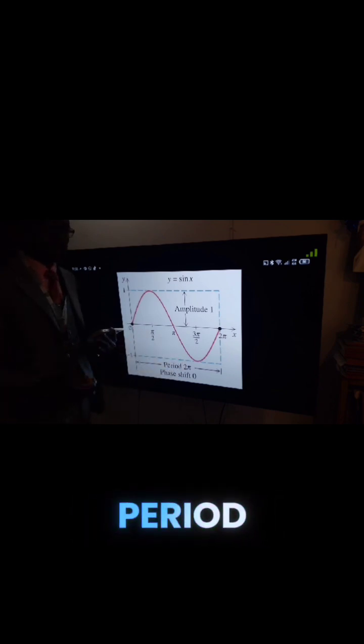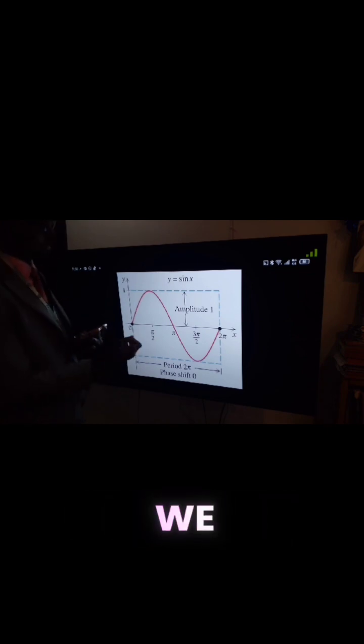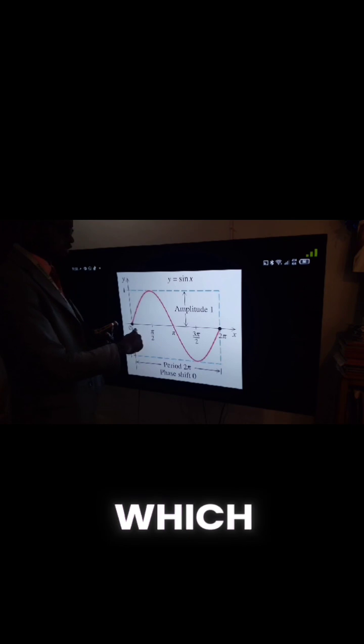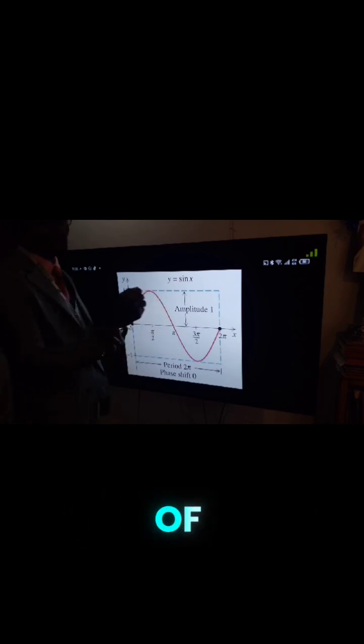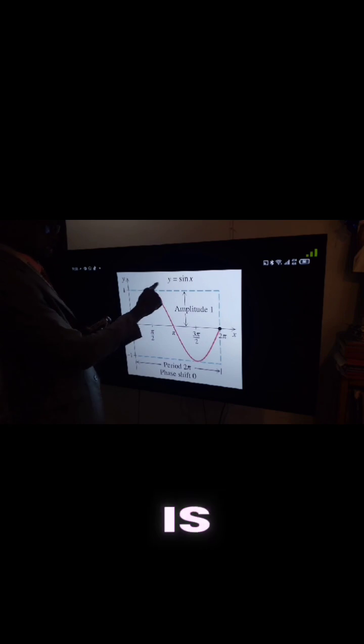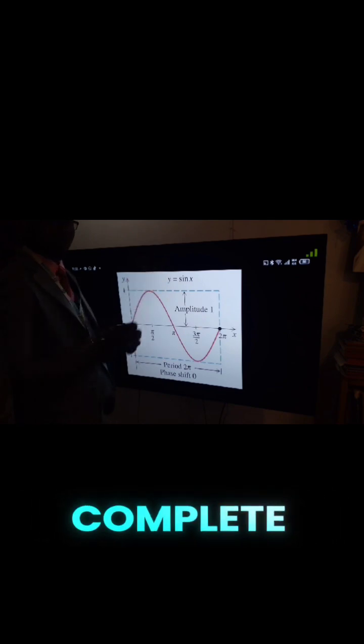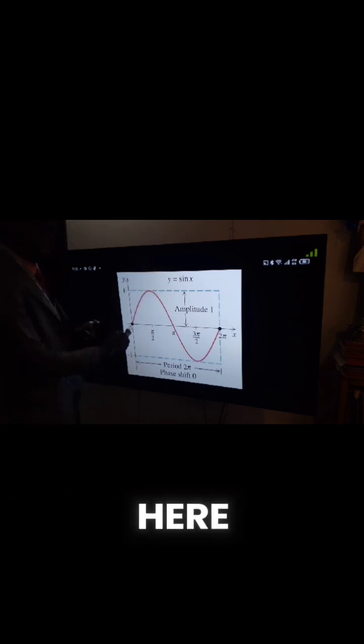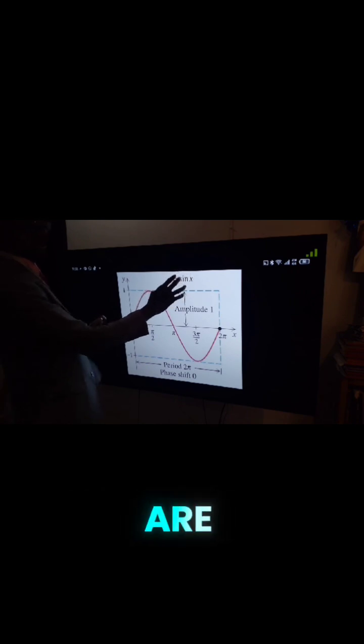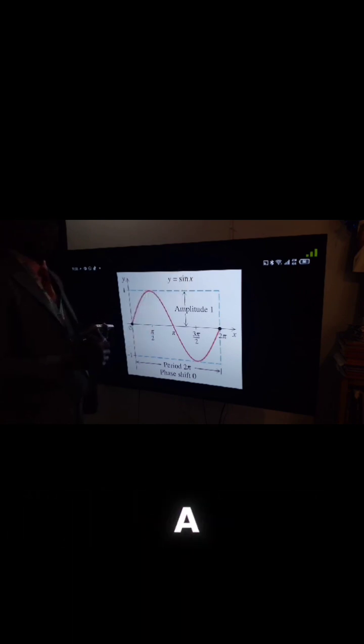This period is simply telling you how far the graph can go. The amplitude shows a complete oscillation. Here on the y-axis, of course, we are referring to y as sine of x.